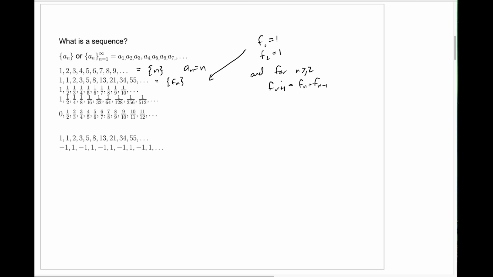So this is what we call a recursive definition for this sequence. Sometimes we'll want an actual formula. I'll get back to the Fibonacci numbers in a minute.